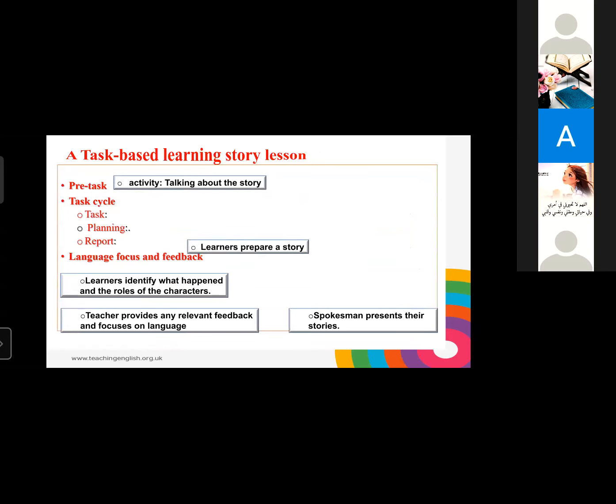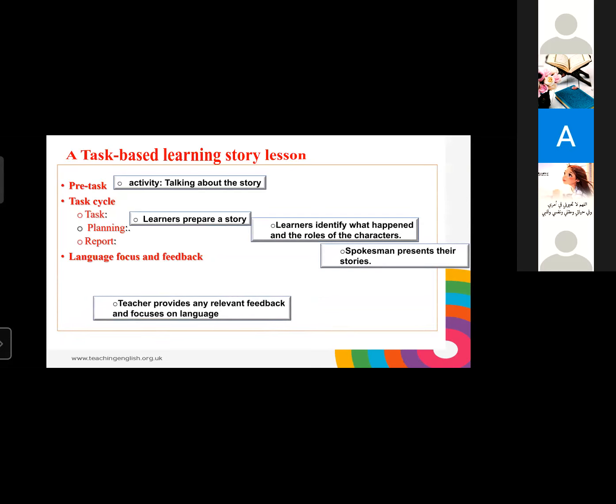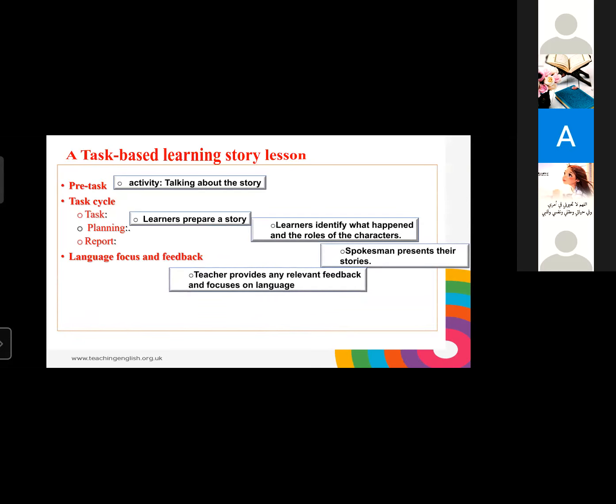In the task stage, learners prepare a story of their own or about themselves. In the planning, learners identify what happened and the roles of the characters. And in the report part, a spokesman presents their story. So this is an example of a task-based learning story. In language focus and feedback, the teacher provides any relevant feedback and focuses on language.